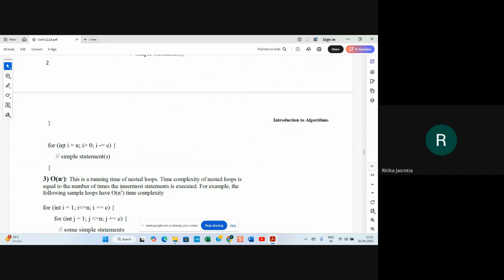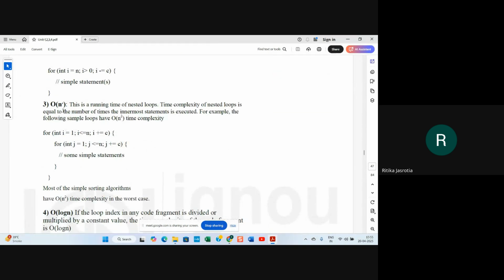You are initializing, checking the condition, and incrementing. Then O(n to the power c), or O(n square), is the running time of nested loops. If you have two nested loops, the time complexity of a nested loop is equal to the number of times the innermost statement is executed.